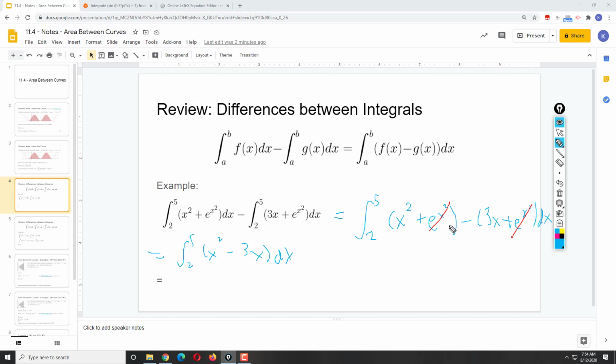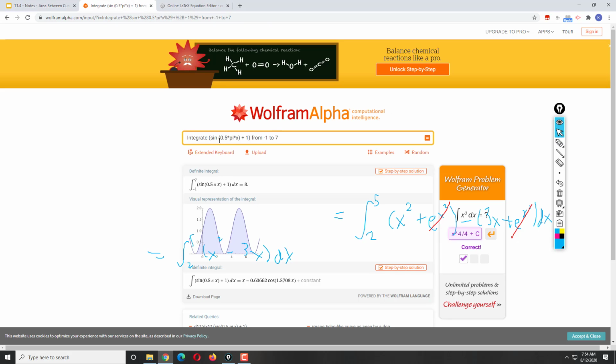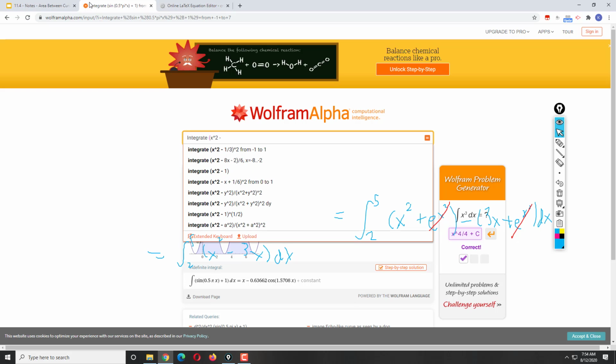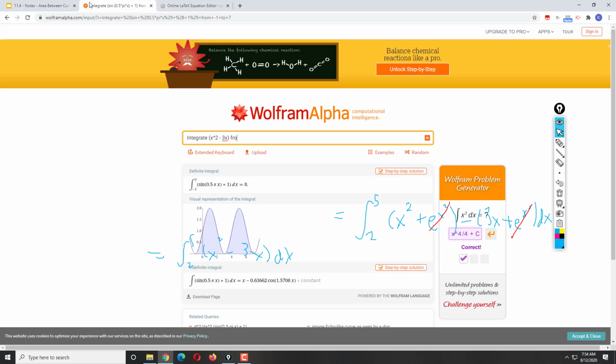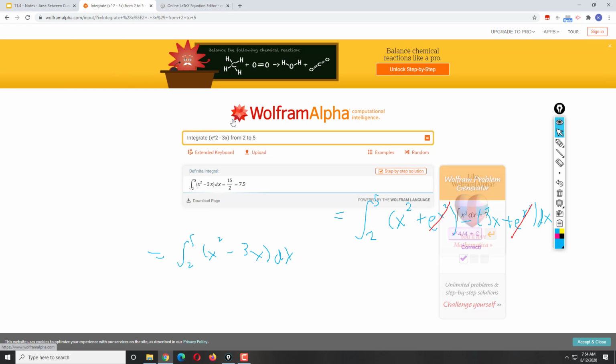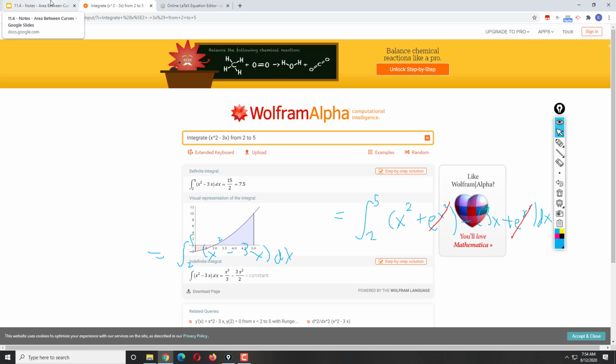This one we know we can do the integral manually. But again, we can just go to Wolfram Alpha. We'll practice using Wolfram Alpha. We're integrating x squared minus 3x from 2 to 5. Okay. And we get 7.5.